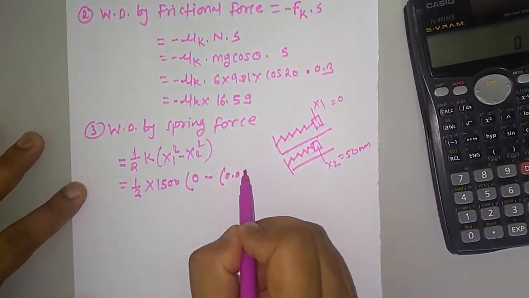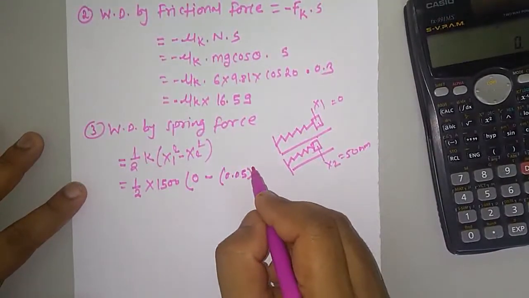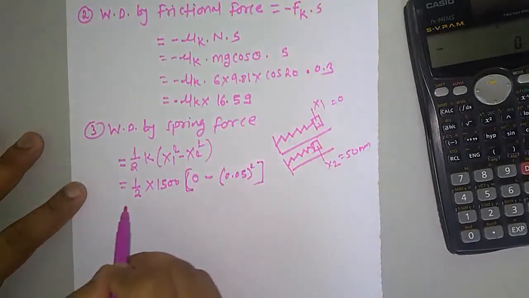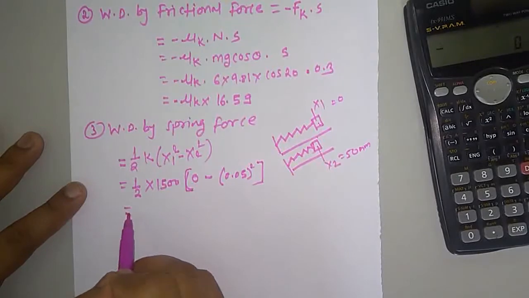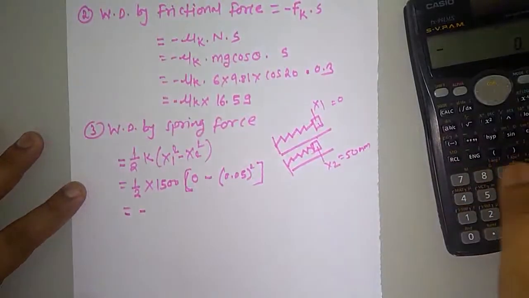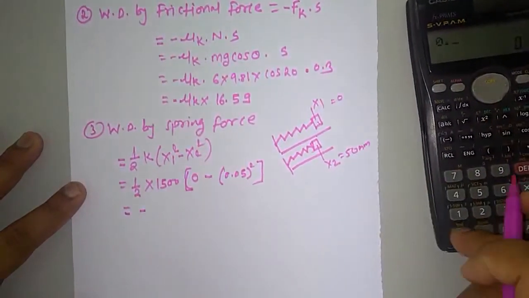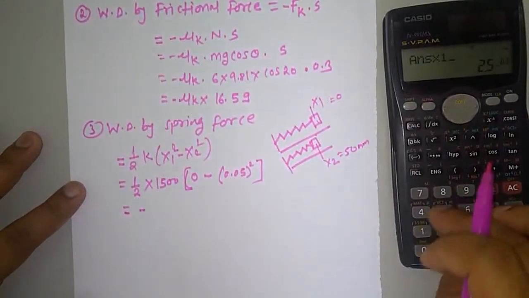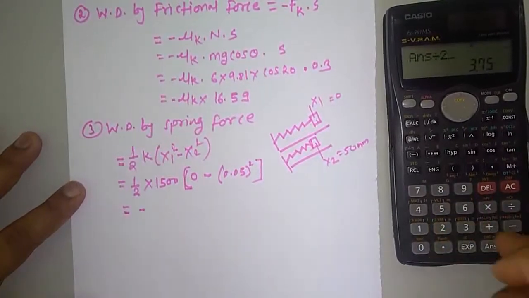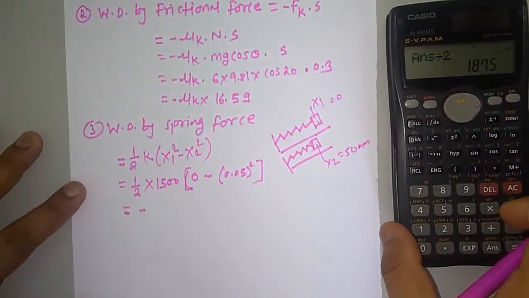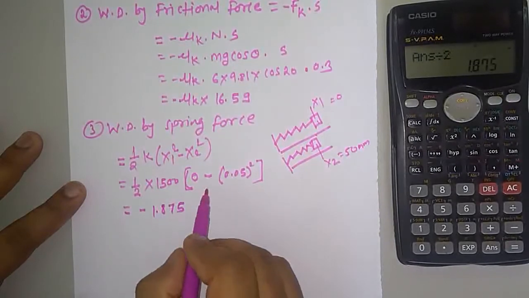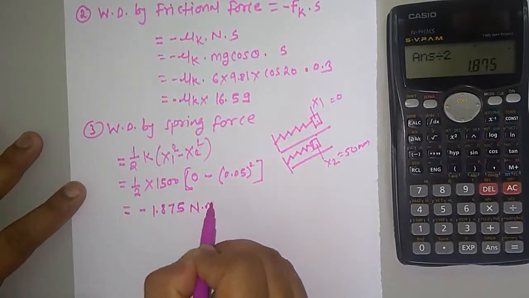In meter it is 0.05 meter. Now calculate this and you will get the answer. So 0.05 square into 1500 divided by 2. So it is minus 1.875 Newton meter.